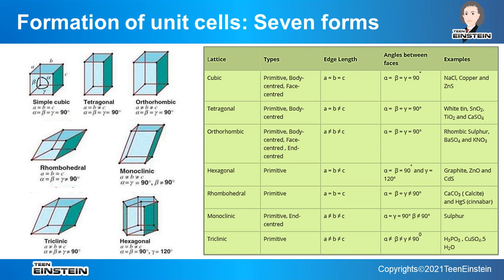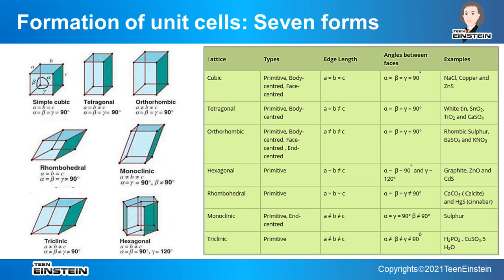Now, depending on these parameters that we have seen in the previous slide, that is a, b, c, the 3 edges and 3 angles alpha, beta, gamma between the respective edges, depending on this variety we can have 7 types of unit cells. So what are these 7 types?